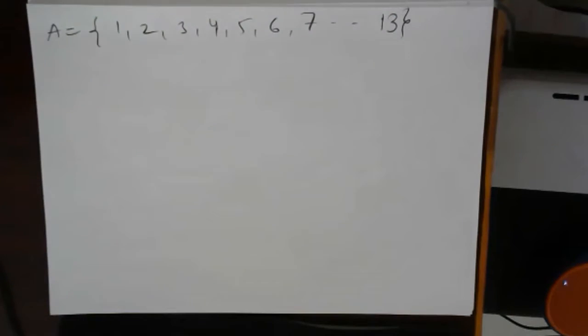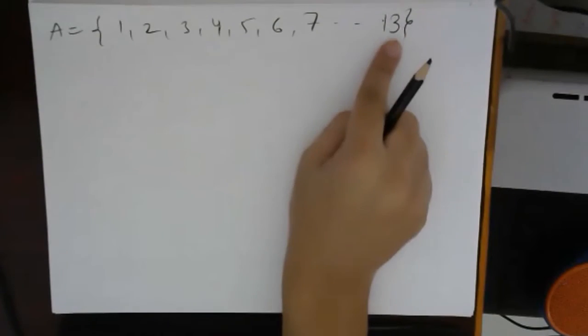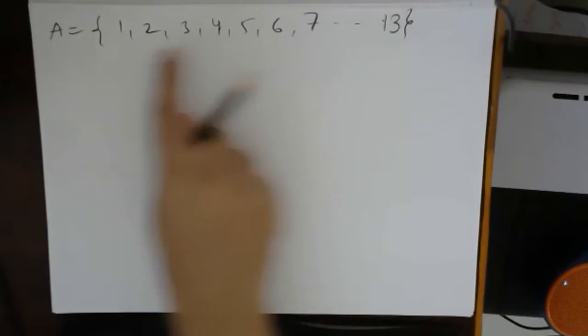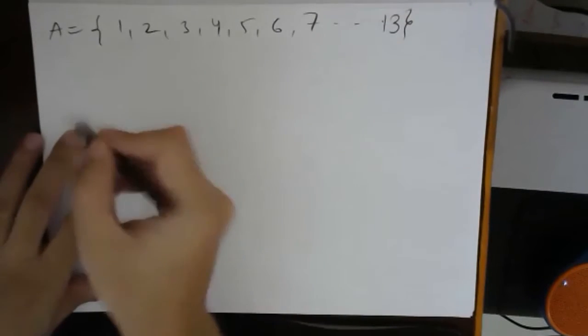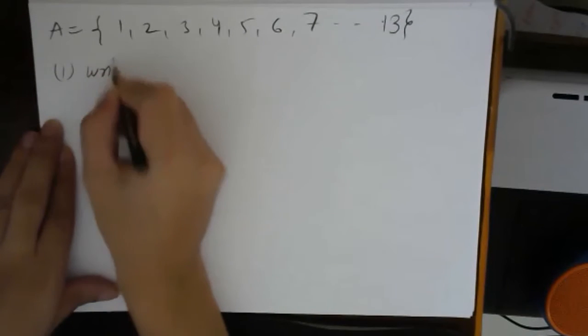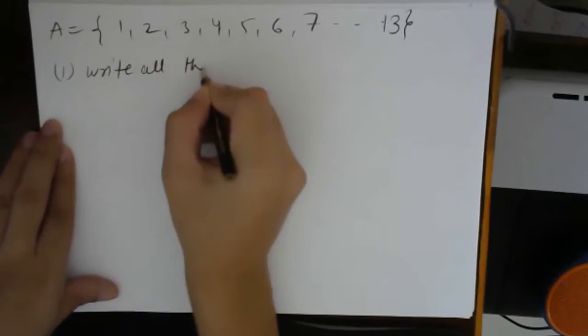If I have to write a set A from 1, 2, 3, 4, 5, 6, 7, 8, 9, 10 till 13. Fine. And suppose this is not till 13, this is supposed till 31. Right? And if I have to name this set, what will I say? First method is to write all the elements.